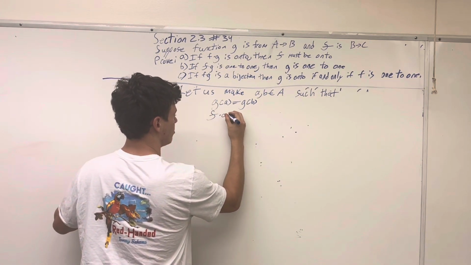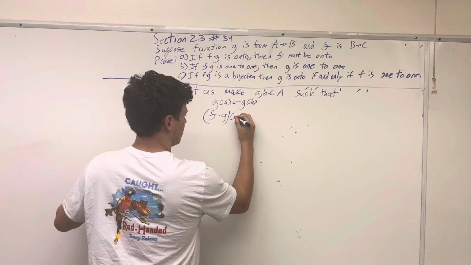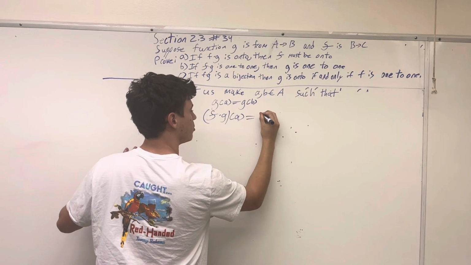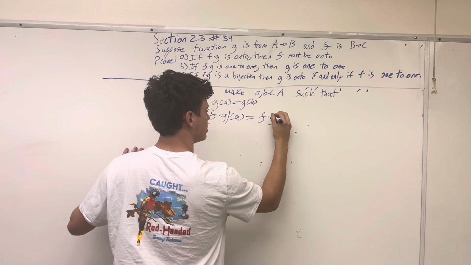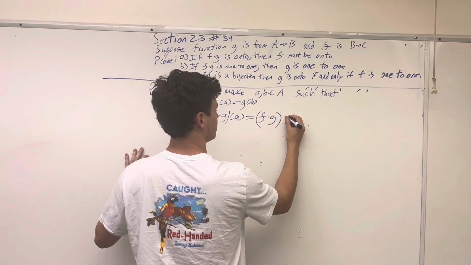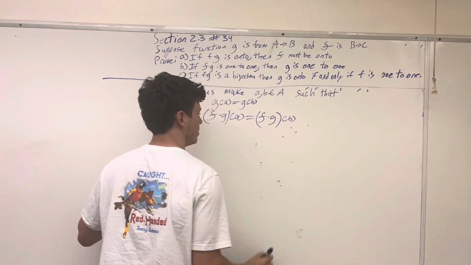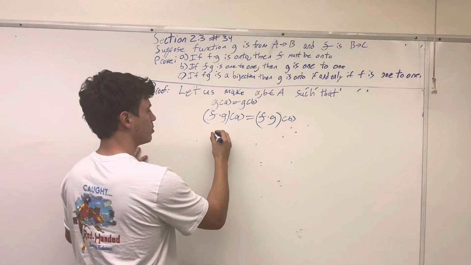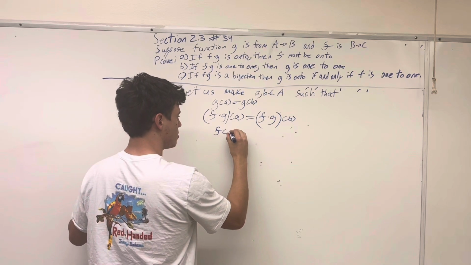So we know that f composed with g of a is equal to f composed with g of b. And let's move around this equation a little bit.